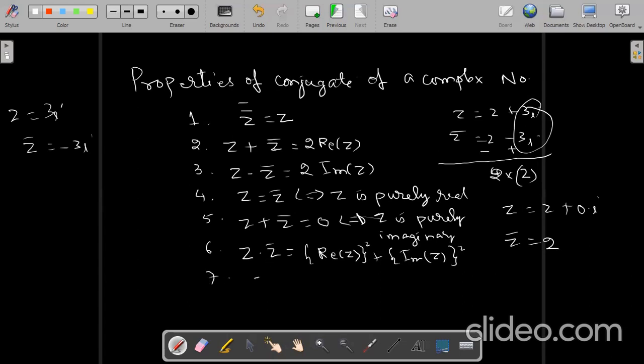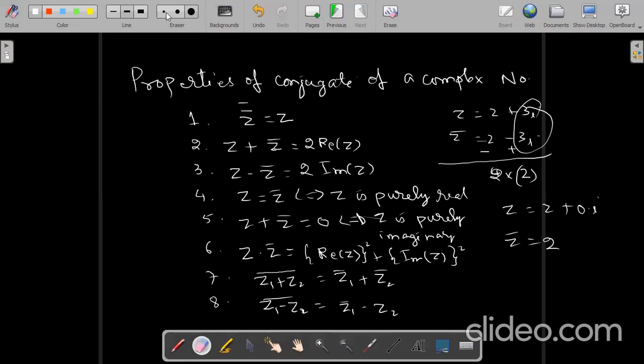Then the conjugate of a sum: if you add two numbers and then take their conjugate, or if you take the conjugate of z1 and add it to the conjugate of z2, the result will be the same. The same thing happens for subtraction: the conjugate of z1 minus z2 will be equal to the conjugate of z1 minus the conjugate of z2. Okay.